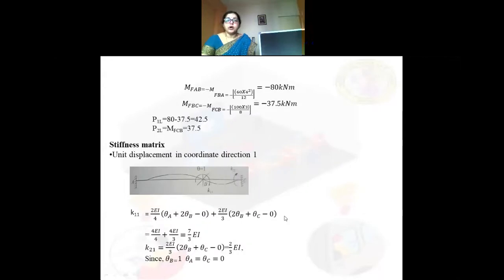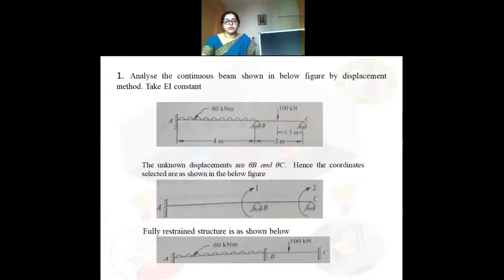Next, for the given beam you have to find out the fixed end moments. For span AB it is a UDL. As we all know from module 1, we calculate the fixed end moment for all sorts of beams. Whenever there is a UDL, the formula is minus WL square by 12 for MFAB.